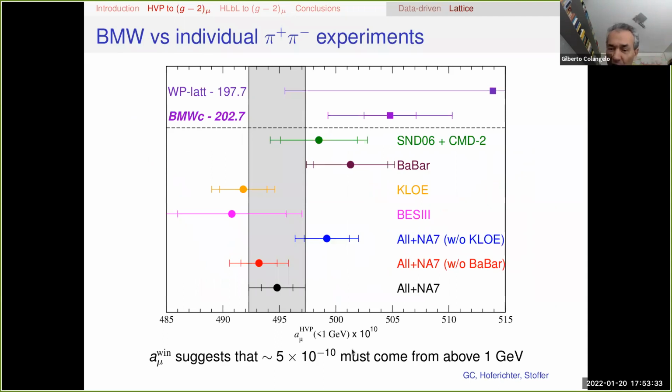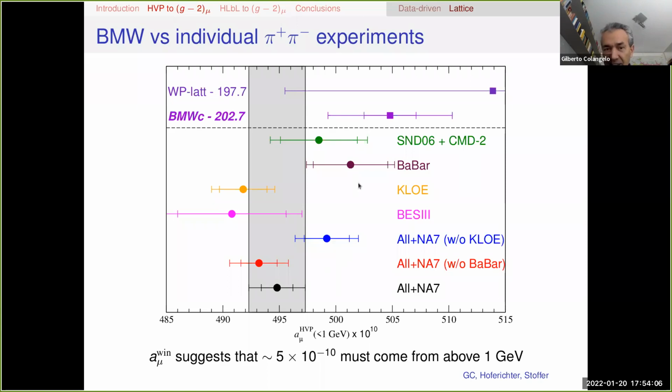And in fact, we estimated with Martin Richter and Peter Stoffer that at least 5 × 10⁻¹⁰ units of the total of 15 or 14 of difference have to come from above 1 GeV, which means that instead of subtracting this 197.7, you have to subtract 5 units more. And so in this case, the BMW result comes closer to the experimental determination of this contribution up to 1 GeV.